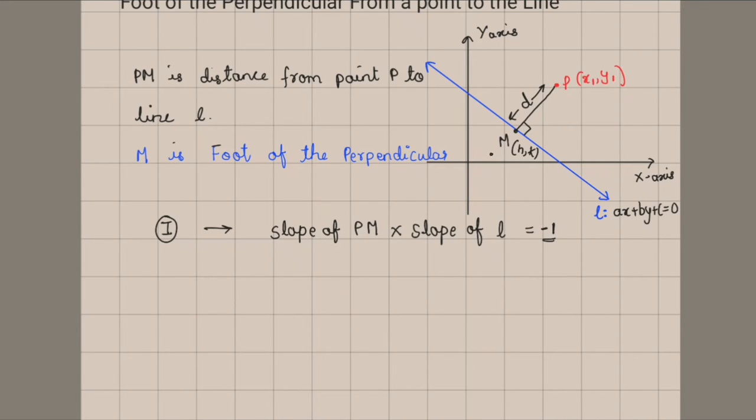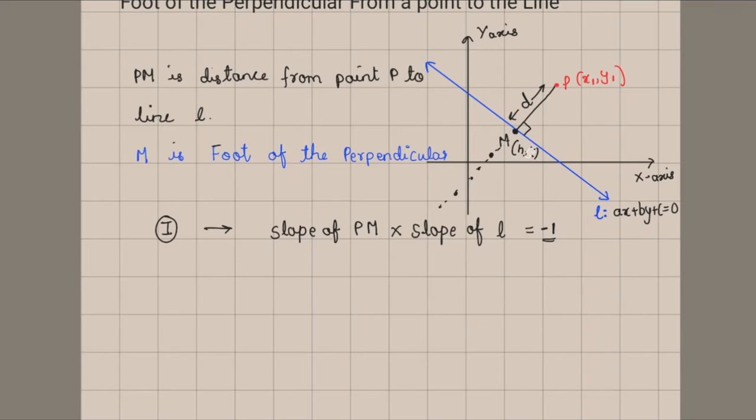Let's take this as some other M. This point also satisfies the condition, slope of PM into slope of line equals -1. As we need to find M, all these points satisfy this condition. So what is the unique feature of this point M?